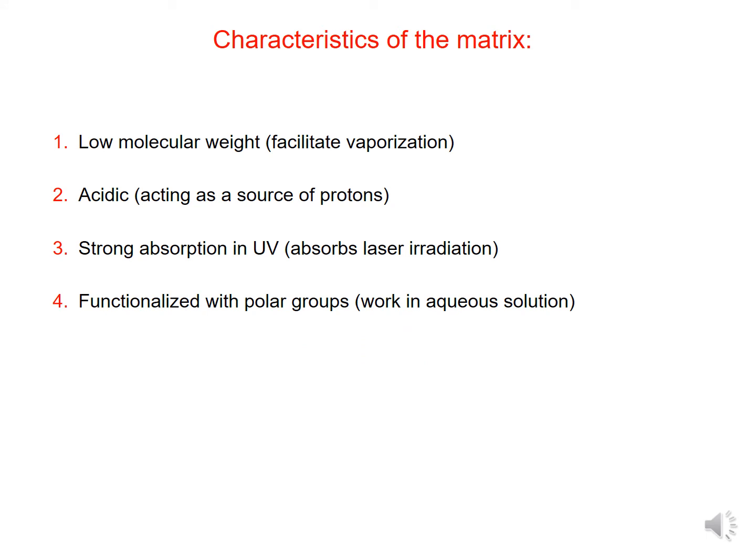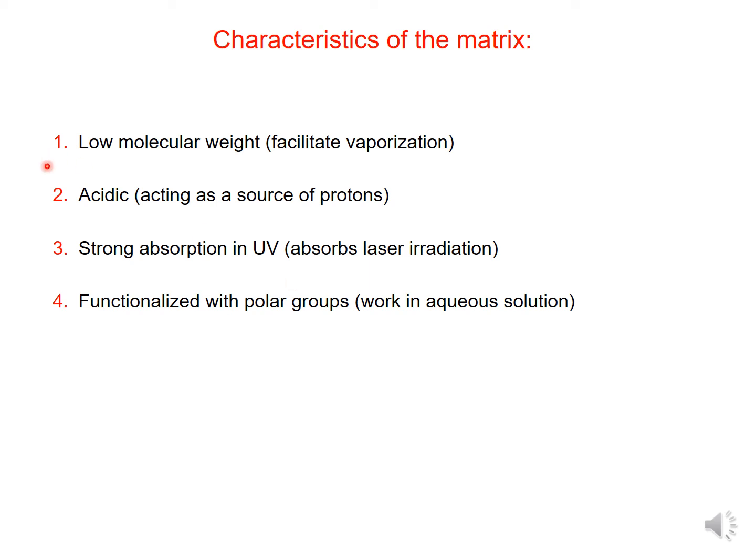So what are the characteristics of the matrix? We use a matrix with low molecular weight. Indeed, we have to facilitate vaporization, which is one of the aims of this source, and low molecular weight matrices are an advantage to facilitate vaporization.